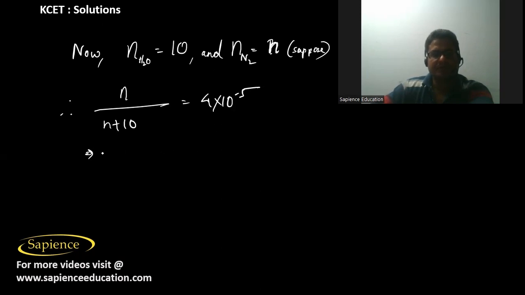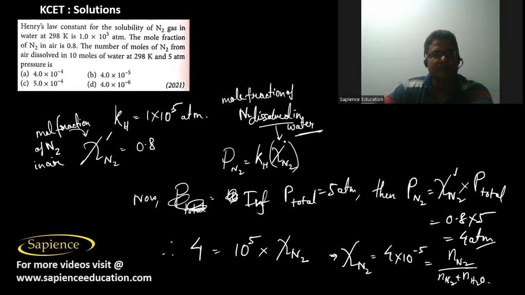So we can take n plus 10 approximately as 10 only, since n is much less than 10. So n is approximately 4 into 10 power minus 5 into 10, that is 4 into 10 power minus 4 approximately. So option A is the correct answer.